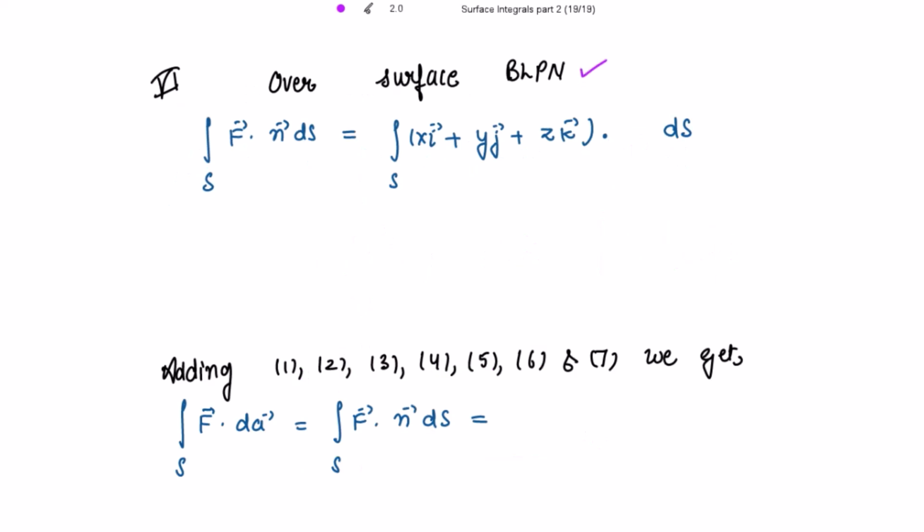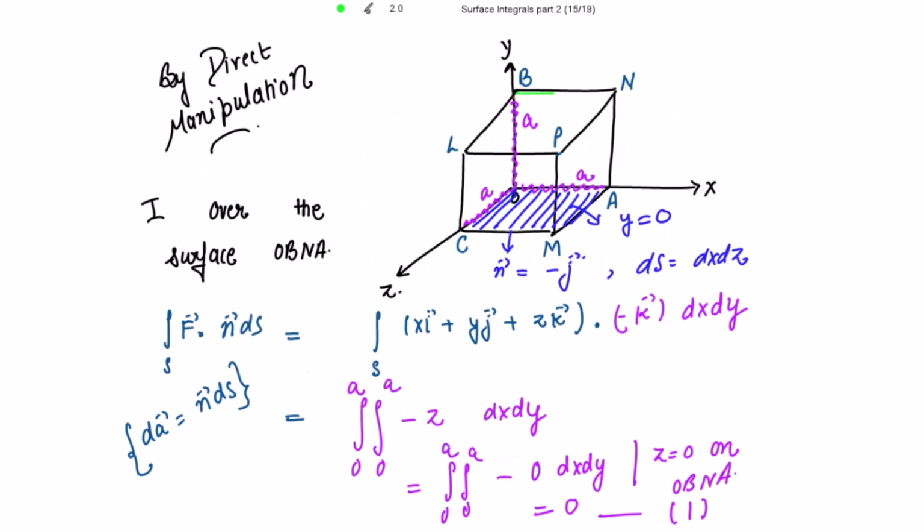And then over the surface BLPN, that is opposite to the blue surface. And here the outward unit vector normal to the surface is along the y-axis, that is equal to j. And taking ds to be, because it is along the y-axis, so ds is same as this dx dz. And here on the surface, y is having the constant value a, right?